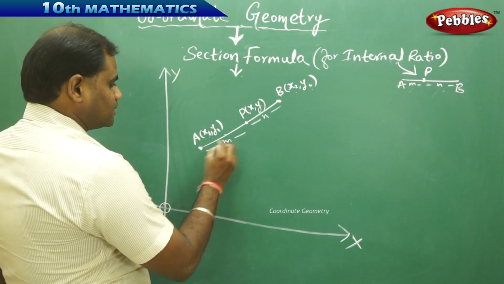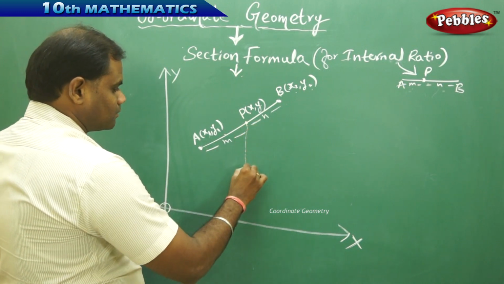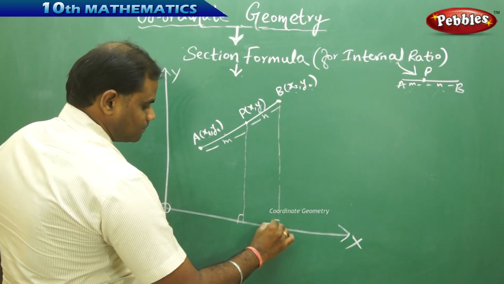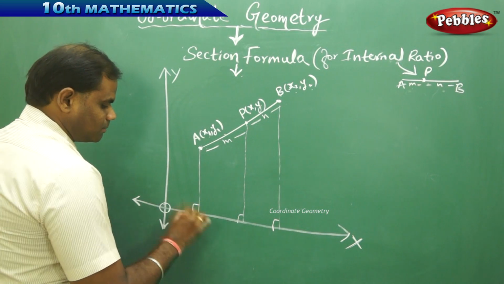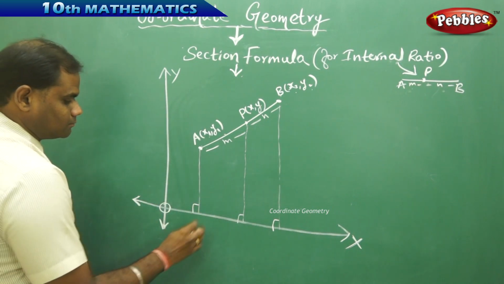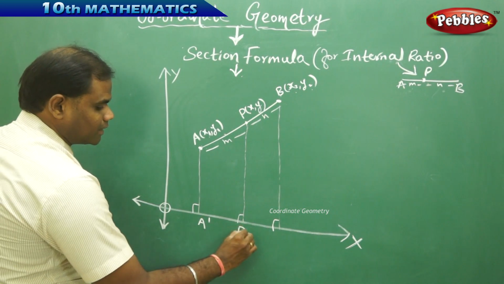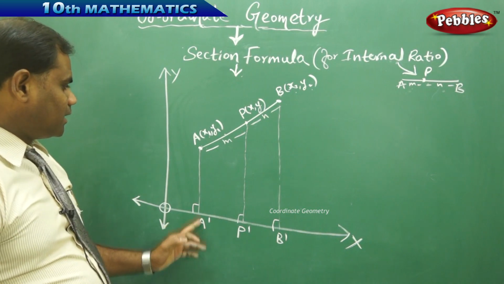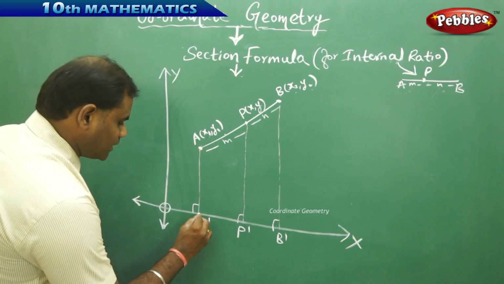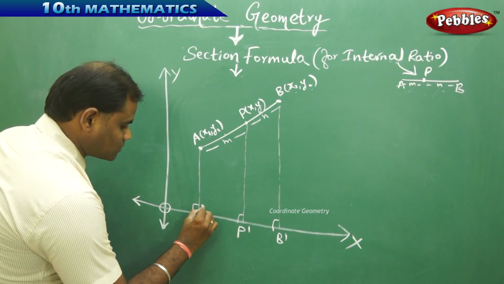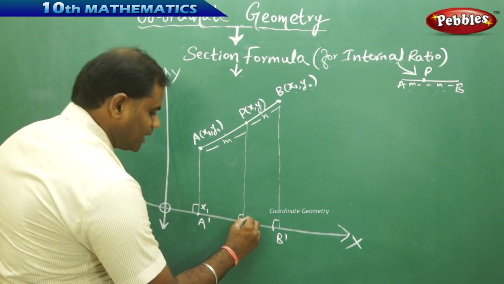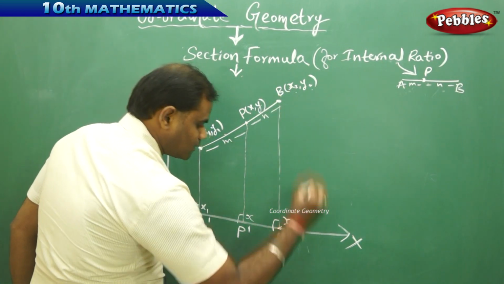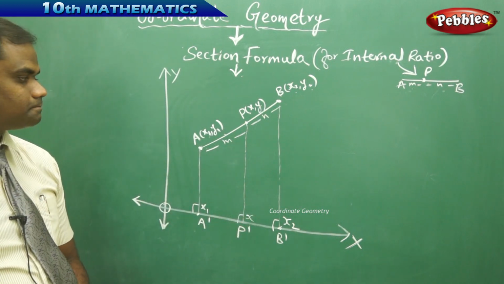I clearly identify that if I drop a perpendicular, and a perpendicular, then let me take the respective A dash, P dash, and B dash on the x-axis, where my A dash is exactly at a distance of x1. So this is x1, and this P dash will be x, and this B dash will be the x coordinate, which is x2, is how we get here.